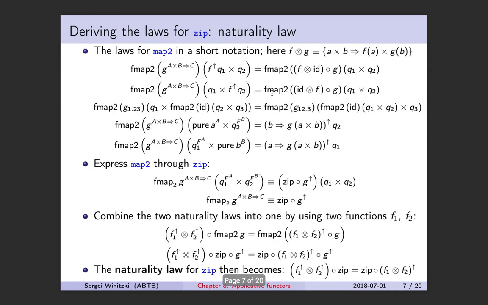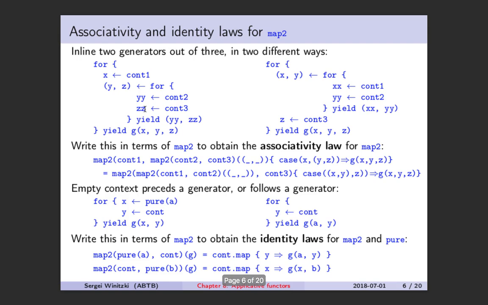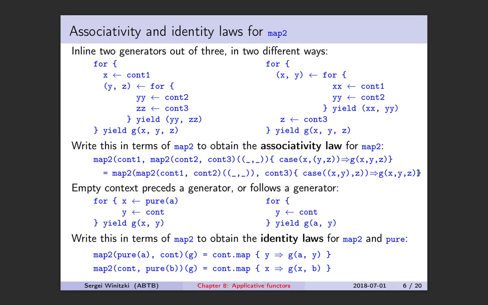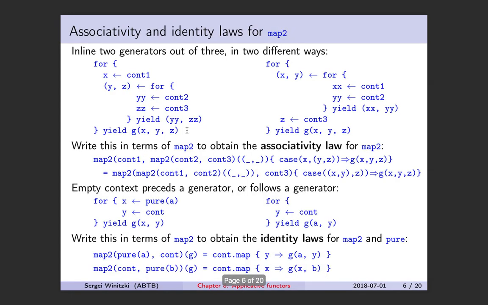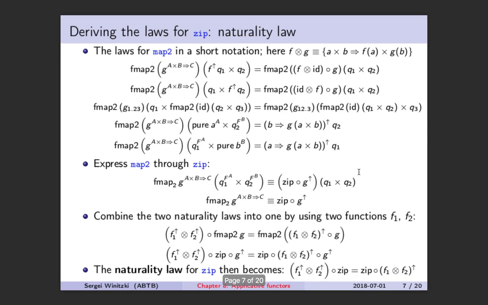Now you see this g1, 2, 3 was actually this kind of function, where we first untuple 1 and 2, and then we have 3. Or we have first we untuple 2 and 3, and then we have 1. So this is what I am indicating in this very informal notation. I don't want to write a lot of parentheses and so on. I just want to indicate what we want. So this is just shorthand for that kind of function and that kind of function.